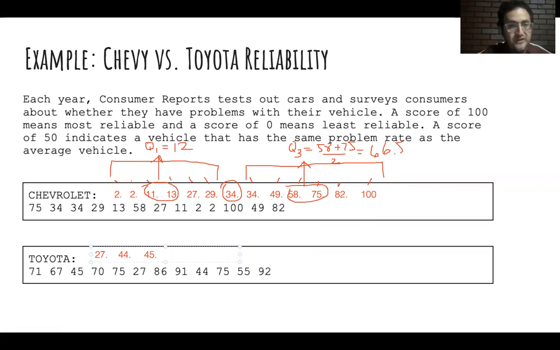So I got 27, 44, 45, 55, 67, 70, and we'll make sure this is nice and wide, 71, 2 cars with the 75, and then an 86 and a 91.